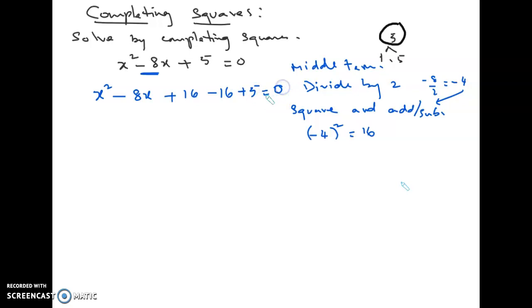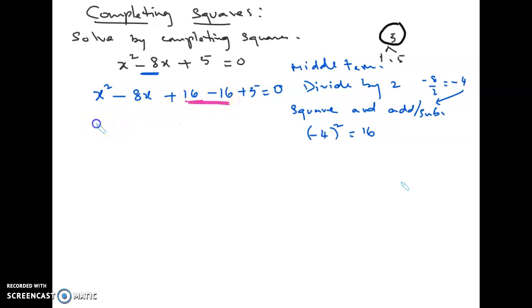What I did is basically added this extra term, and to write it in a square format, I added and subtracted, so that it doesn't make any change.